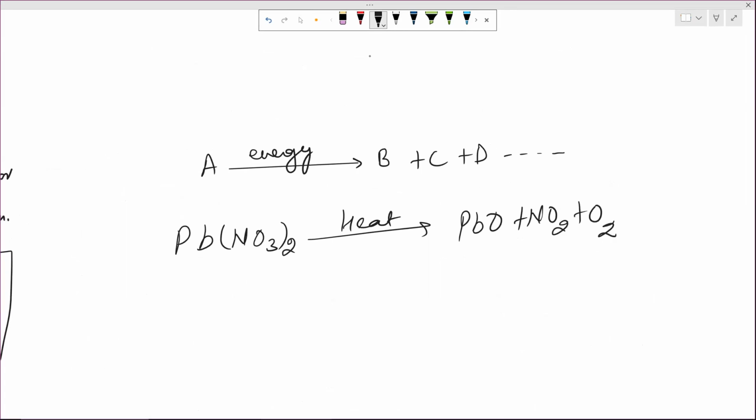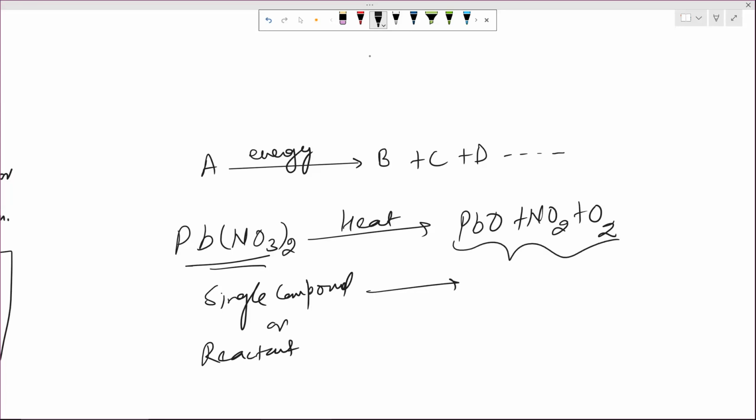So we say that this is a single reactant decomposing into more than one product, so this is a decomposition reaction. The condition is that the reactant must be single.